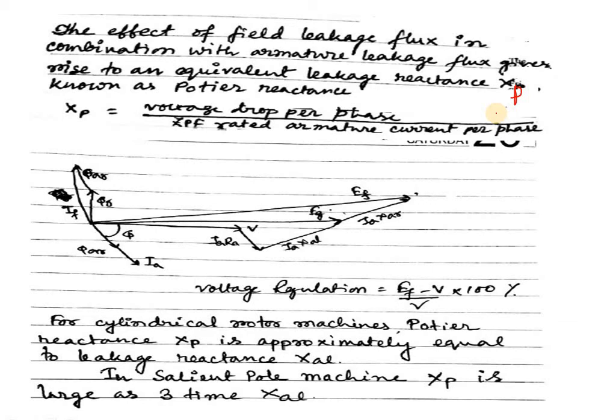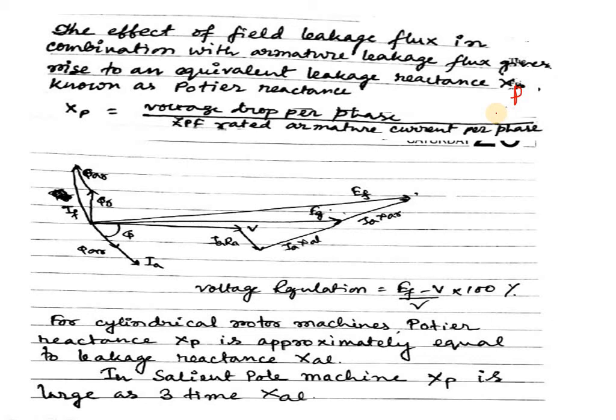Here we have drawn this phasor diagram using the following method, where V is the terminal phase voltage at full load. It is taken as reference phasor and drawn horizontally.